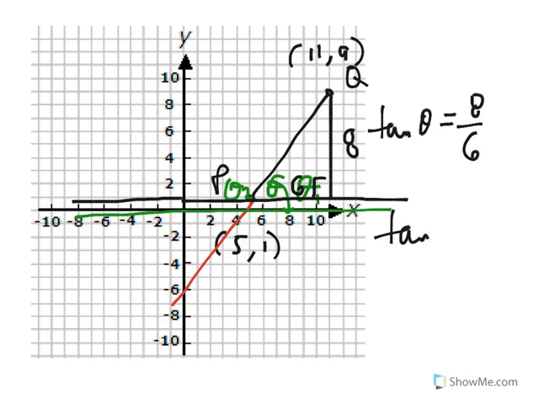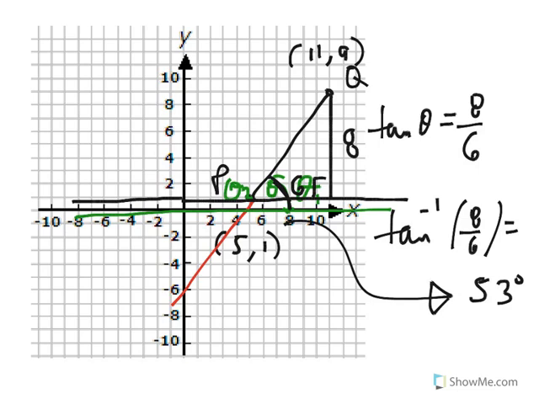On the calculator, you can do inverse tangent of 8 over 6 to learn that this angle is about 53 degrees, and that makes this angle also about 53 degrees. The obtuse angle, if they wanted to know it, would be 180 minus 53, which is about 127 degrees.